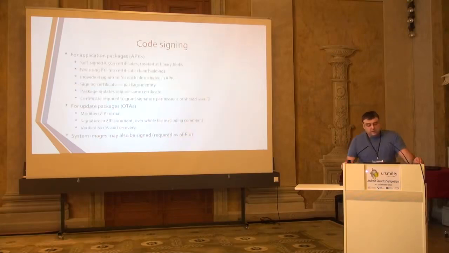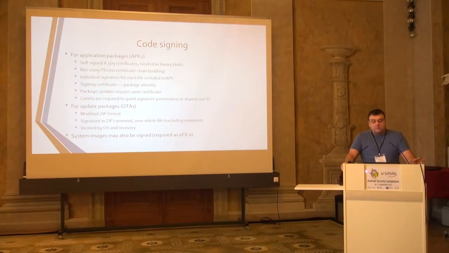Going on next, code signing is also closely related to application packages. There are 3 main types of code signing. First one is, of course, application packages. APKs, they are signed with X.509 certificates, generally self-signed, but they don't have to be, because Android doesn't really care much.